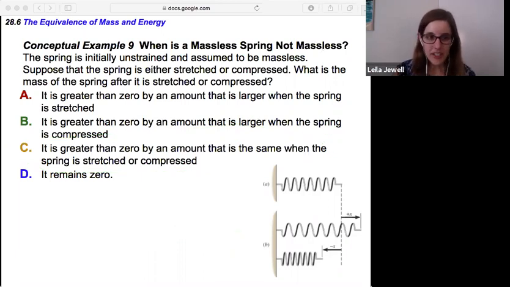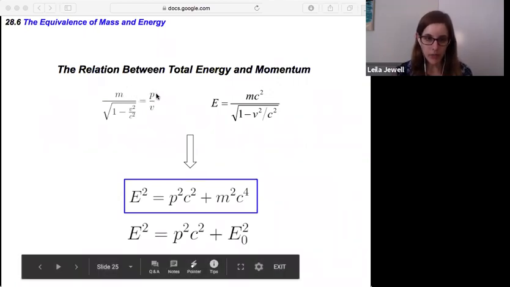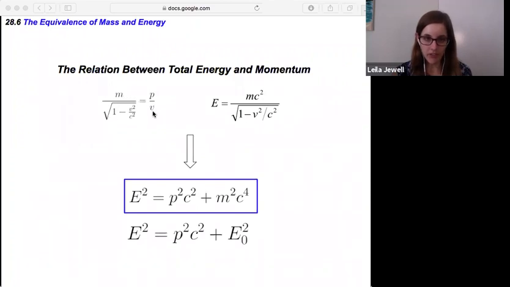All right, one last thing for this section is there's a relationship between the total energy and the momentum. With our momentum equation, we saw momentum was equal to mv divided by the square root. So if we instead divide the v to the other side, then we start getting something that looks somewhat similar to our energy, right?